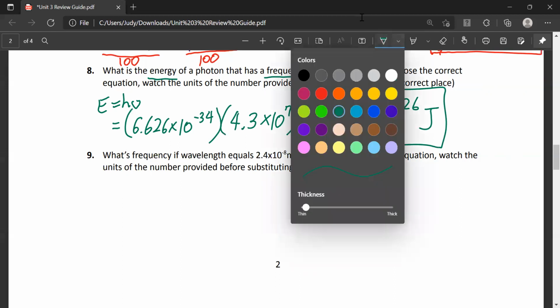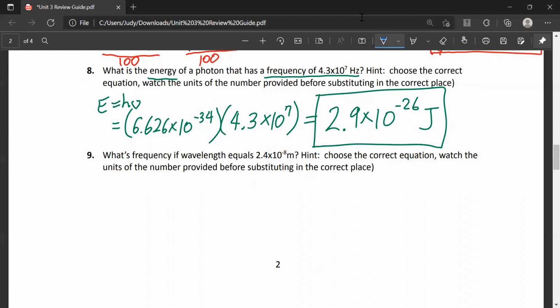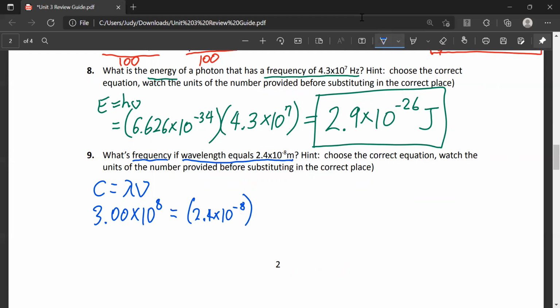Next one, let me use a different color. We have frequency and a wavelength of this. So we know it's going to be c equals λν. 3.00 times 10 to the 8th power equals 2.4 times 10 to the negative 8 times ν.